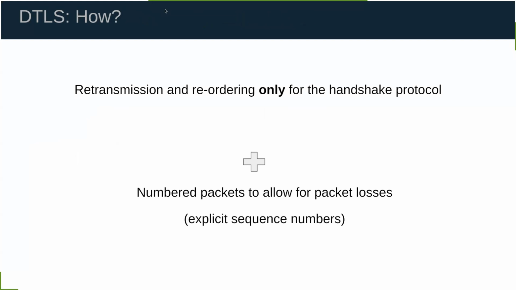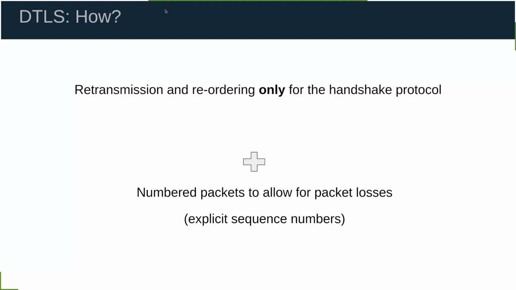So how does DTLS accomplish that? The main reason TLS requires a reliable protocol like TCP is that there are some messages at the beginning of the session, the messages that are used to create the cryptographic primitives and cryptographic secrets to then encrypt the connection, and the authentication.